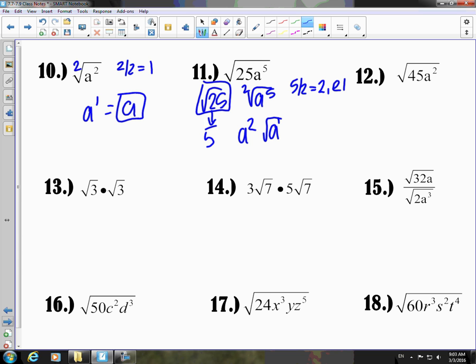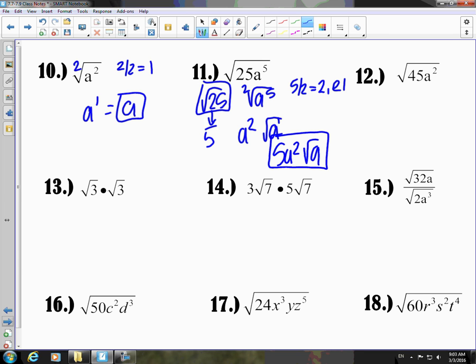So your exponent of the whole numbers come outside the square root, and then the remainders go inside. So altogether that looks like 5a squared times the square root of a.